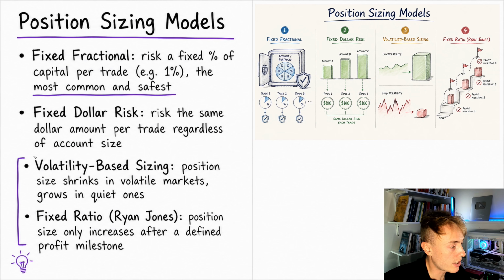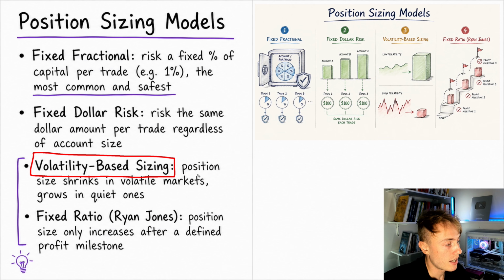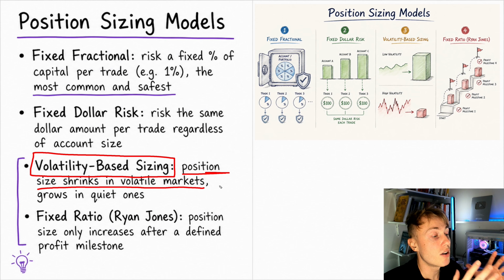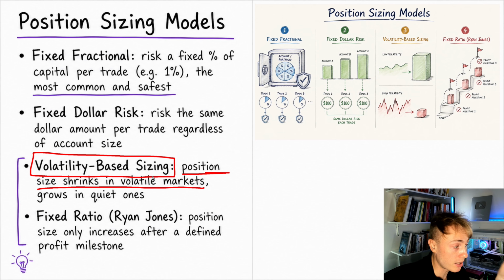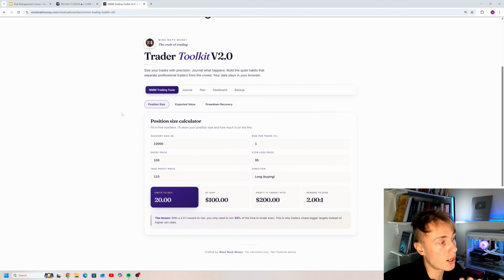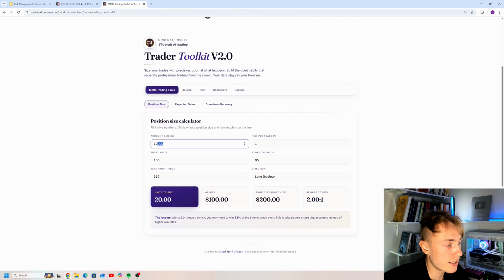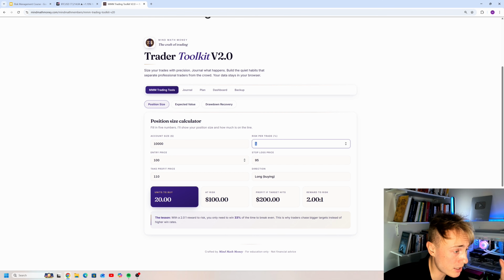A third way to size your positions is to use volatility-based sizing. And this is when your position size shrinks in volatile markets and grows in quiet ones. All right, so to demonstrate this, let's go back here to our trading toolkit, and you want to make sure that you are here on the position size page. And let's keep it simple. Let's say we have an account size of 10,000. We risk 1% per trade.